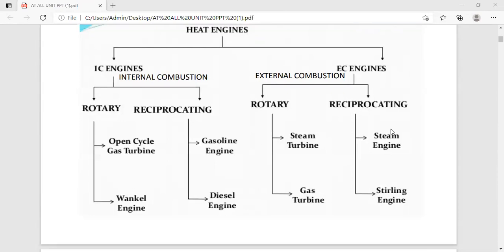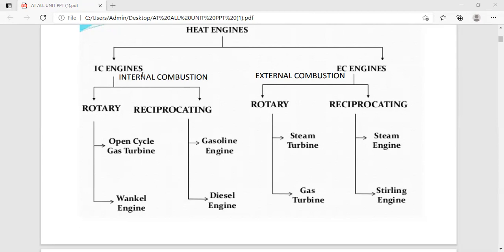In the next part, we are going to see the internal combustion engine. What is an internal combustion engine? In this type of engine, the combustion of air and fuel takes place inside the cylinder and is used directly as motive force to drive the vehicles.